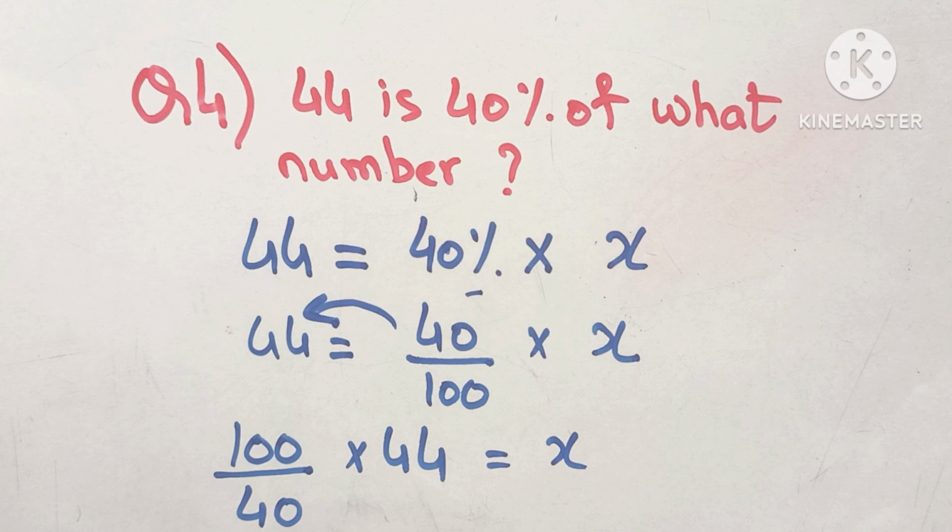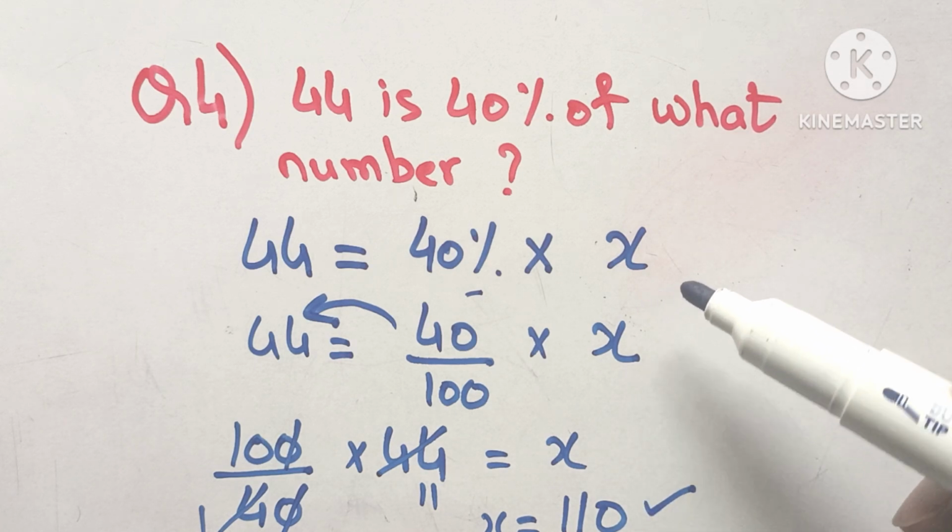Now we can simply solve this. Cut this 0. 4 ones are 4, 11s are 44. 10 multiplied by 11, we will have the final answer. X is equal to 110.